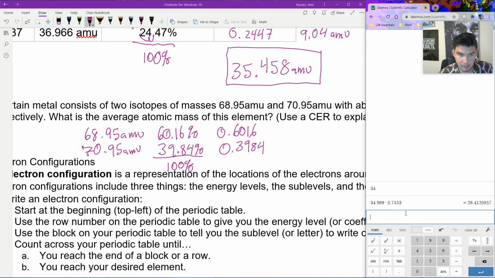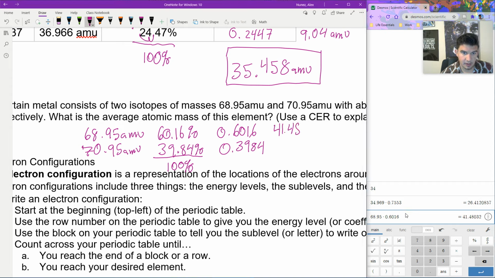So here we go. The mass is 68.95 times 0.6016. That's 41.48 AMUs. And 70.95 times 0.3984. That's 28.27. Okay.